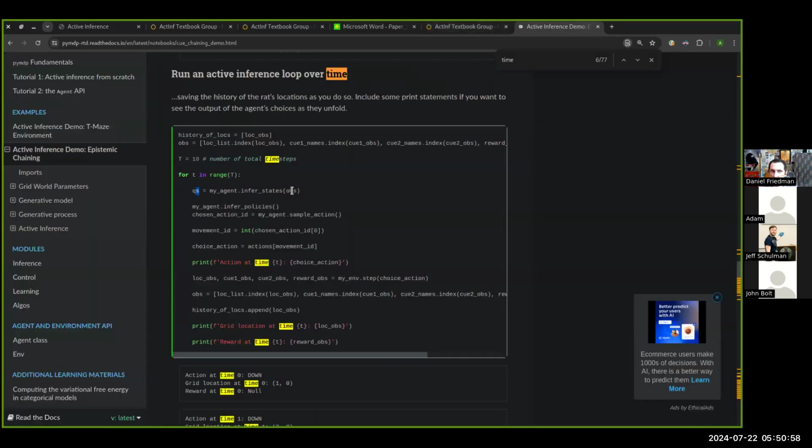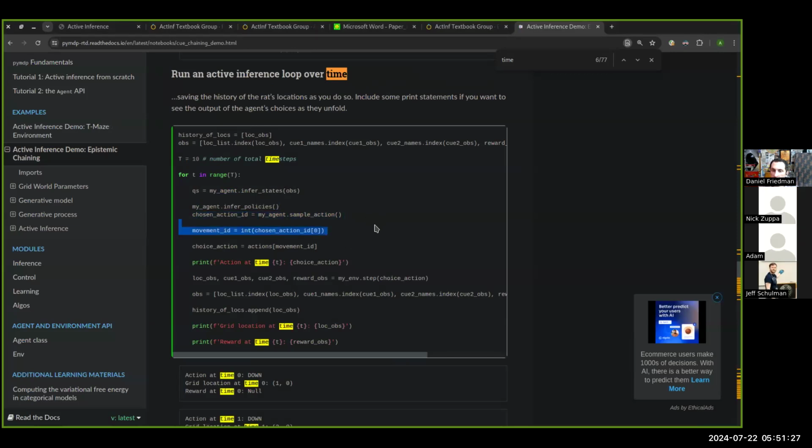Here it's taking in observations and inferring hidden states. That's Q of S. Then there's policy inference. This is sense making, that's the downstairs. And then there's control, that's the upstairs. And then after updating the policy prior into the policy posterior, the actions are selected.